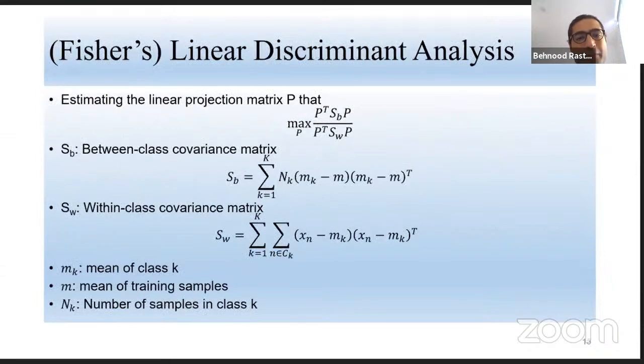Linear discriminant analysis is one of the basic supervised techniques. It estimates the linear projection matrix P that maximizes this ratio, where SP is the between-class covariance matrix and W is the within-class covariance matrix. Indeed, we are searching for P, which projects the samples of different classes as separably as possible, while decreasing the variation of the samples within each class.